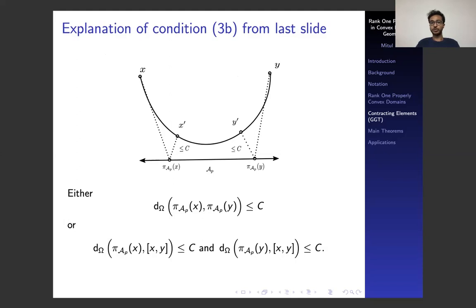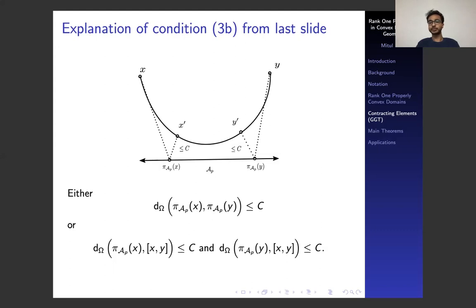Either the distance between those projections is bounded by C, or those projections are really far apart, in which case there is a point x' and a point y' on the geodesic between x and y, such that the distance between x' and pi(x) is bounded above by C, and the distance between y' and pi(y) is at most C. So in a way, it is saying that given any 2 points, either their projections are really close, or the geodesic between those 2 points spends a lot of time close to the quasi-geodesic A_p that we get from looking at the orbit map.